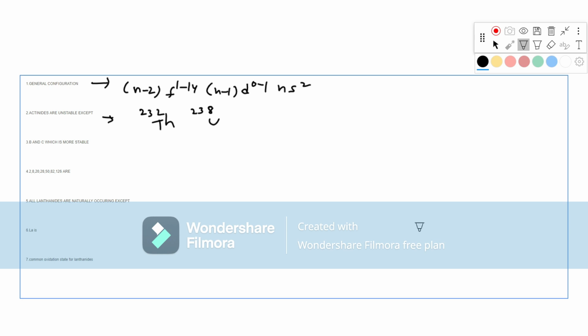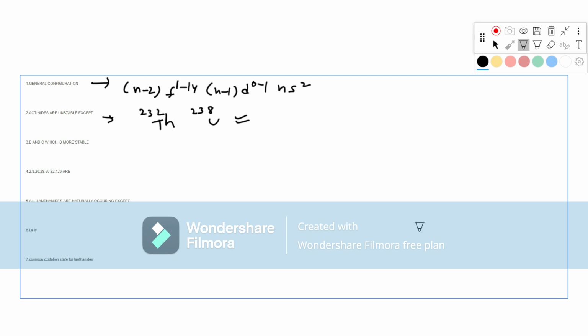Among all actinides, only thorium 232 and uranium 238 are stable, since the half life of these two elements is very high. The remaining actinides do not have high half lives, so they are not stable due to radioactive decay, but these two elements are stable because the T half of these two elements is very high.